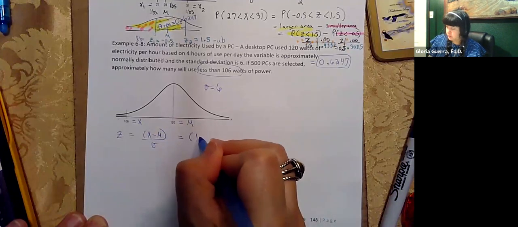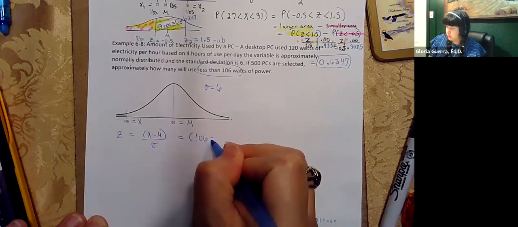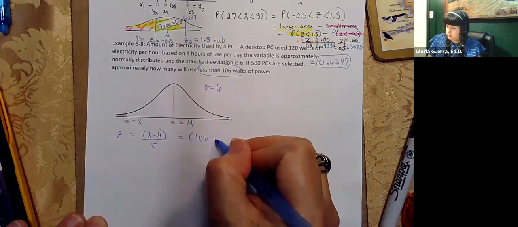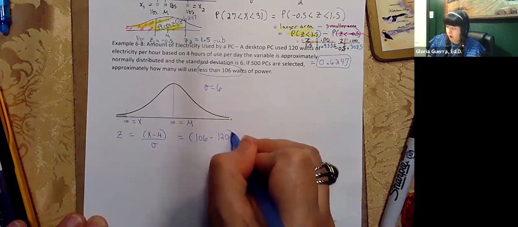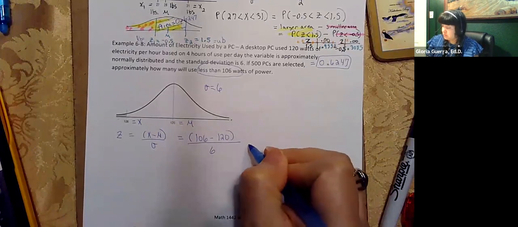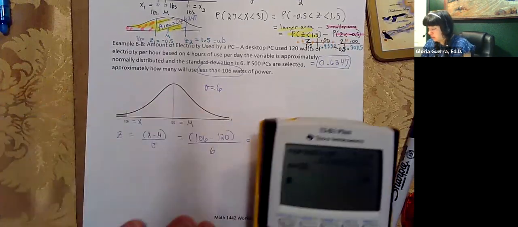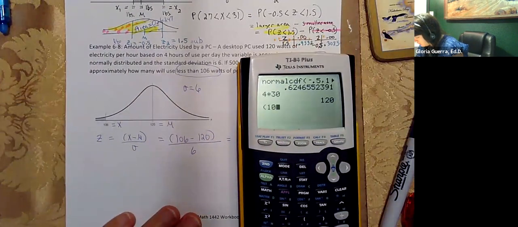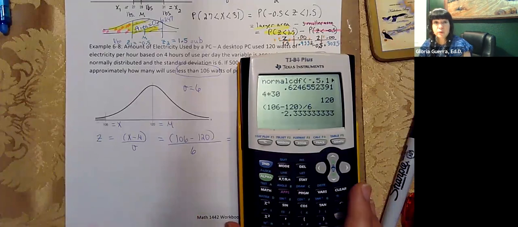X is 106, minus your mean, which was 120, divided by sigma, which is 6. Excuse me. So use the calculator for that. Parenthesis 106 minus 120, close parenthesis, divided by 6. And then it's negative 2.3 repeating.